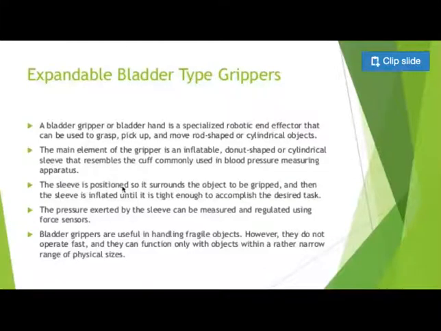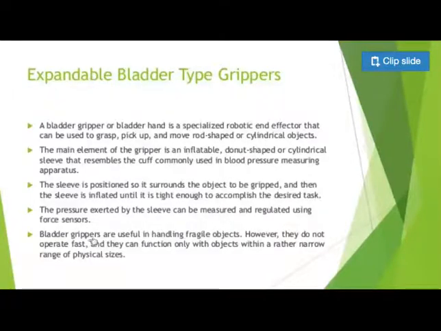The sleeve is positioned so it surrounds the object to be gripped, and then the sleeve is inflated until it is tight enough to accomplish the desired task. And the pressure exerted by the sleeve can be measured and regulated using force sensors.